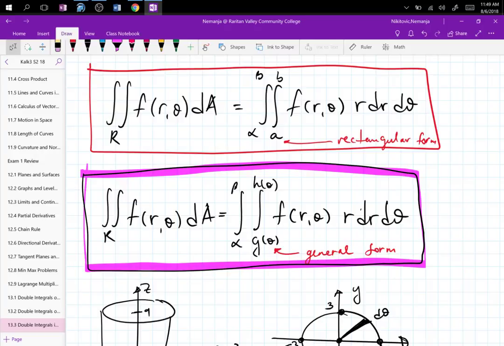If you say y equals x, it's a 45-degree line. But if you say r equals theta, you get a formula for a spiral, right? Because when r is equal to 0, theta is equal to 0, you are at the origin. As soon as the radius starts growing in time, the angle will progress in time.